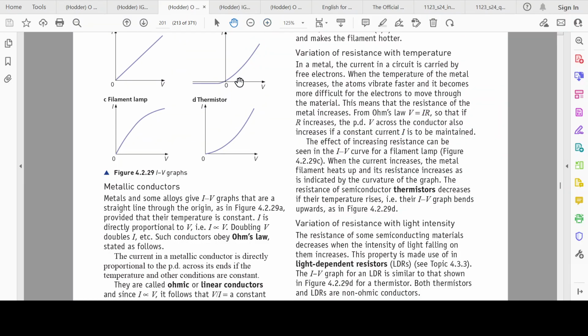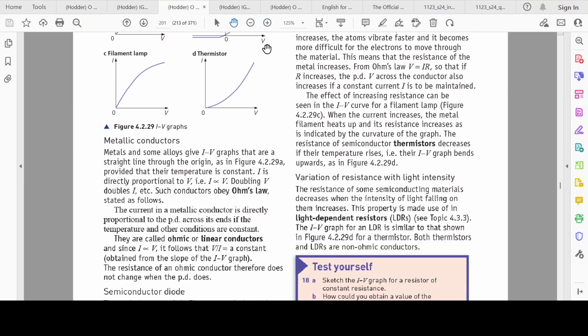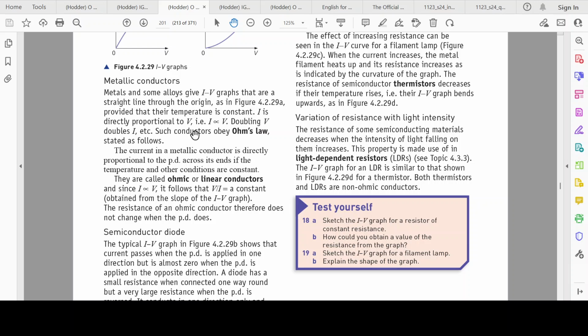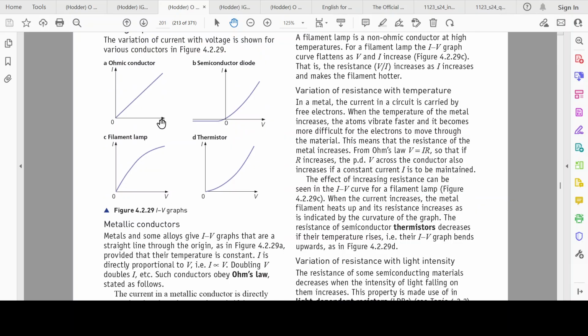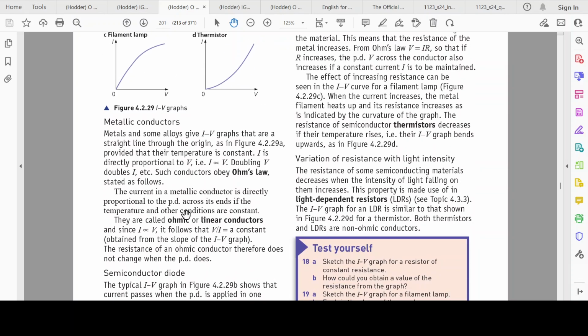Right, so here they're mentioning Ohm's law that's given over here. And so an ohmic or linear conductor is basically, as we know, as the voltage increases, the current will also increase. All right. And so what you're going to get is a linear graph.